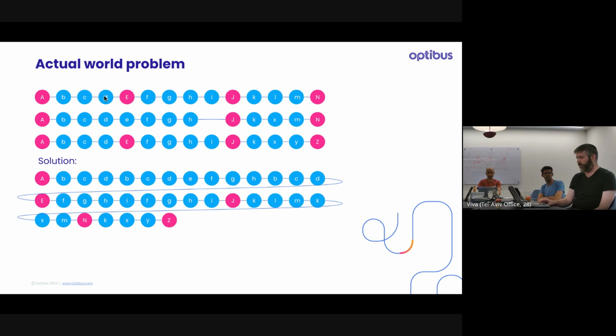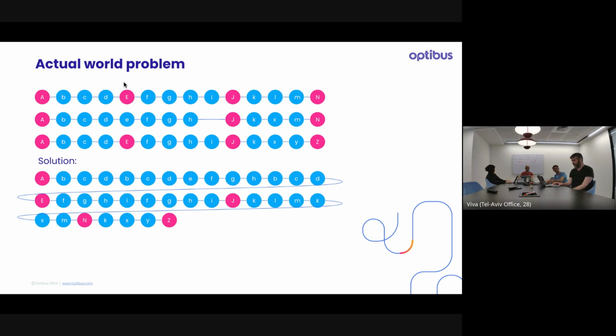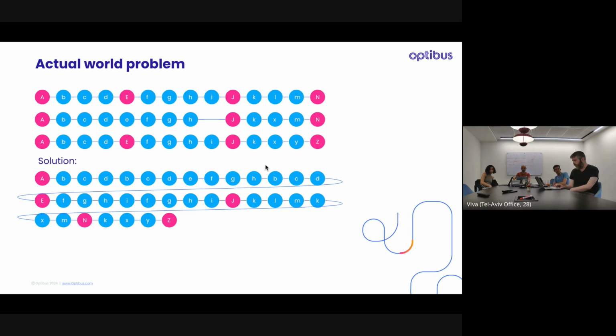Because we look only at time points, the combined route will be A, E, J, N, and Z. So we took the B, C, D from here, we duplicate it, A, B, C, D, and now we took also the B, C, D, E, F, G, H, and again we have A, B, C, D, B, C, D, E, F, G, H, and again B, C, D, and after this we have the E. And now we duplicate all of this, F, G, H, I, J, G, H, I, and between J and N, we have K, L, M twice, and so on.